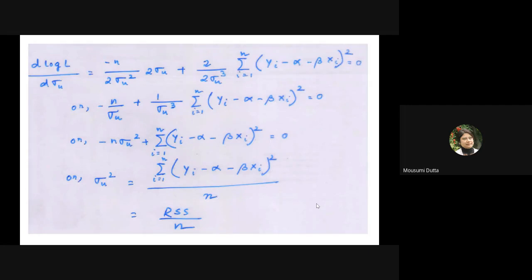In case of OLS, the value was RSS by degrees of freedom. In two variable analysis, it was RSS by n minus 2. If you consider a general k variable analysis, it will be RSS by n minus k. However, here you are getting n, all observations. You are not getting n minus 2 or n minus k.